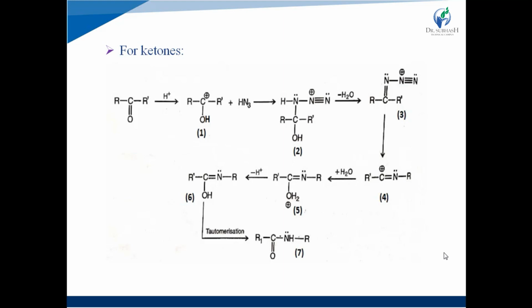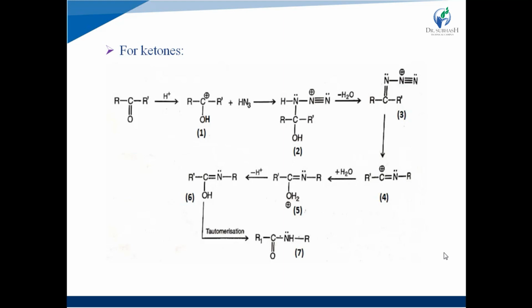Now, when H plus leaves the molecule, nitrogen acquires the negative charge, and when OH minus leaves the carbon, carbon acquires the positive charge. Now, there is a pi bond formation between nitrogen and carbon by using the lone pair of electrons on nitrogen, the free electrons on nitrogen, and forms structure 3, right?